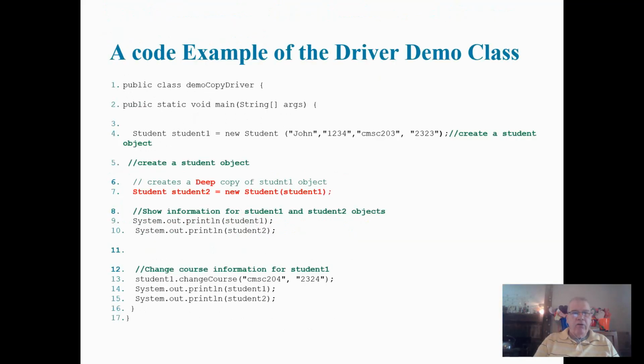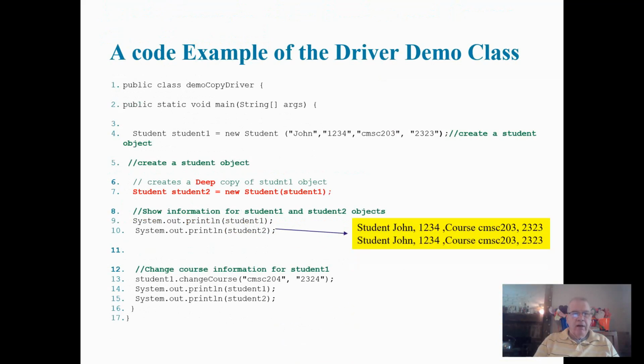So now if we had the driver doing the same thing, here's the original data, and then we change the course from 203 to 204, but only student 1 changes. That's because the course in student 2 is totally separate.